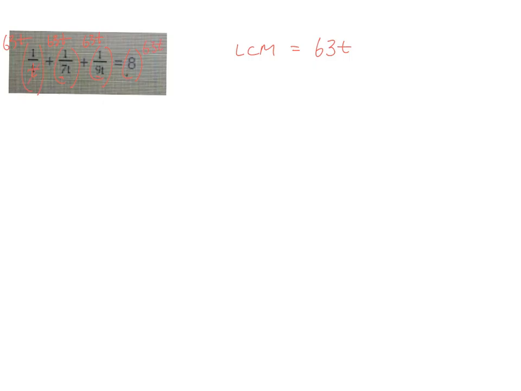So in the first one, the t's cancel out, leaving you with 63. The next one, the t's cancel, and 63 divided by 7 is 9, plus the next one, the t's cancel, and 63 divided by 9 is 7, is equal to, and then on the other side, I've got 8 times 63, so that's 504, I think, t.